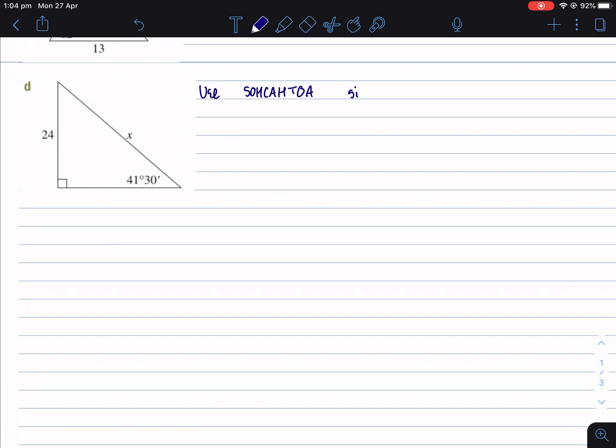So sine 41 degrees 30 minutes equals 24 over x, which means x is going to be 24 over, it swaps with the sine, 41 degrees 30 minutes. Chuck that in your calculator. You've done that plenty of times before. Over sine 41 degrees 30 minutes. 36.2 meters.